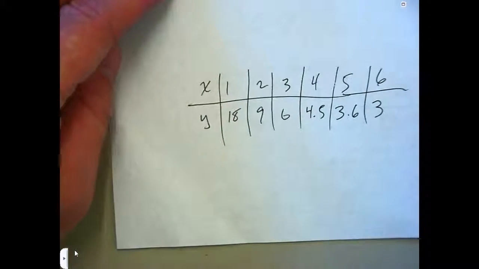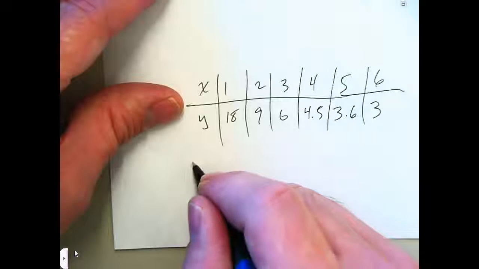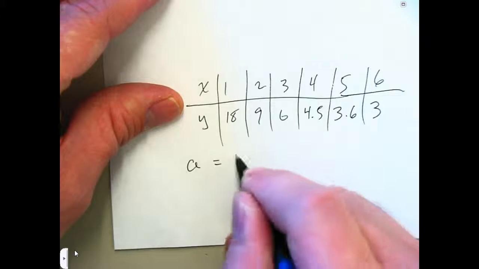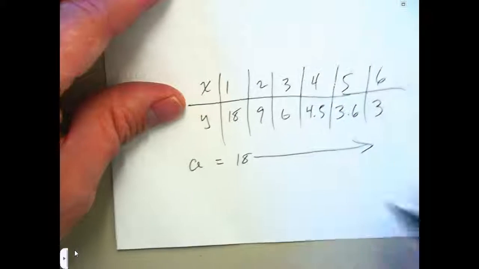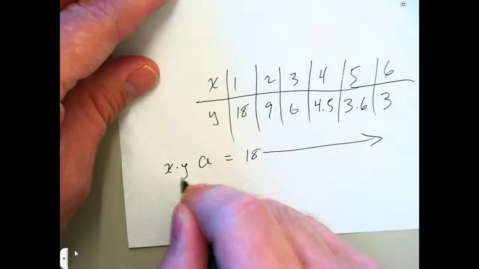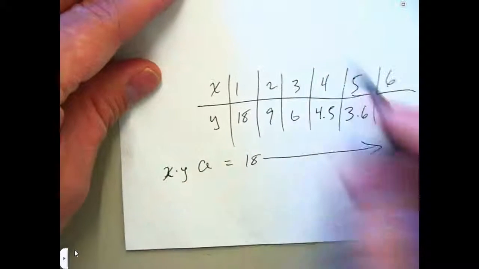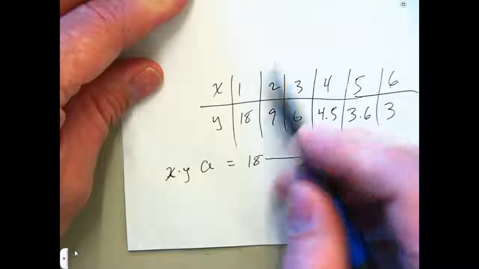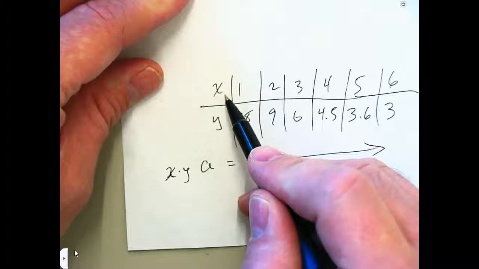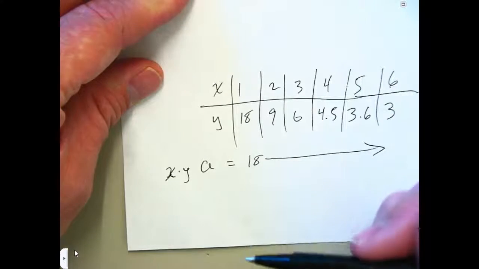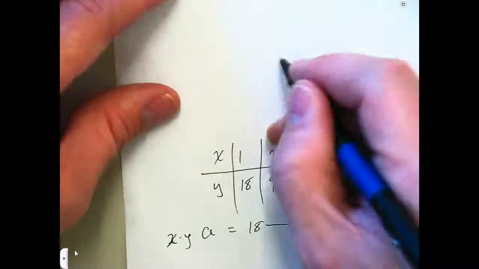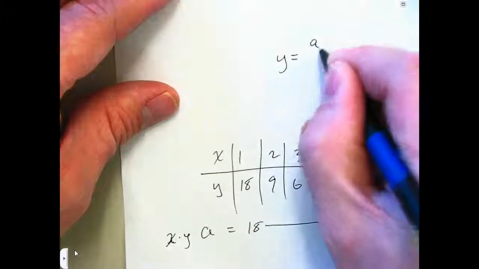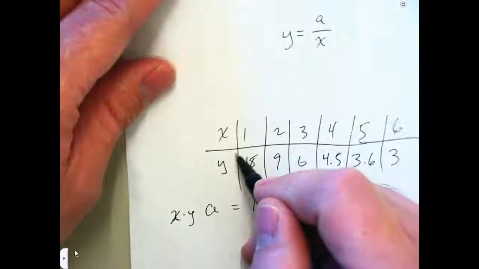Good. Works out. They all equal. A would equal 18 all the way down. Good. What do you do for 0? Good question. If I put 0 in for x, it's a great question. If y equals a over x, what about 0?